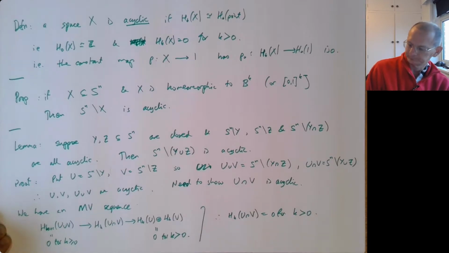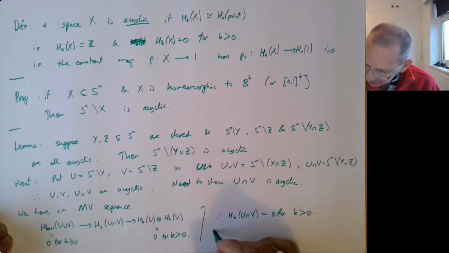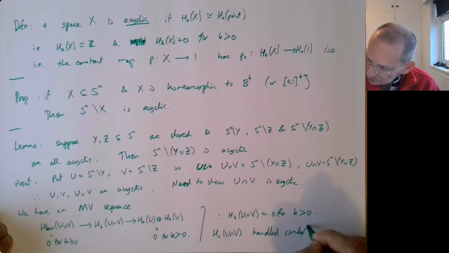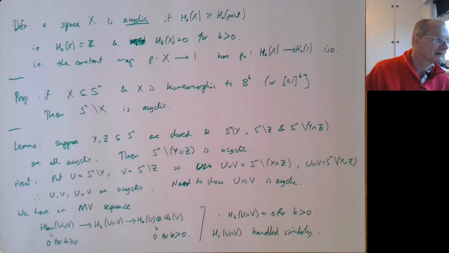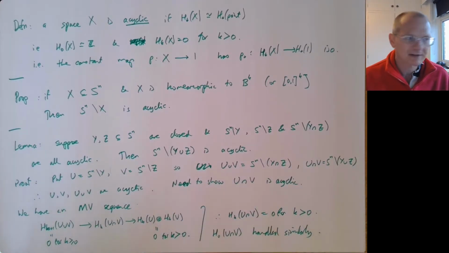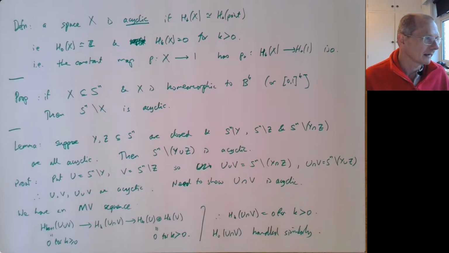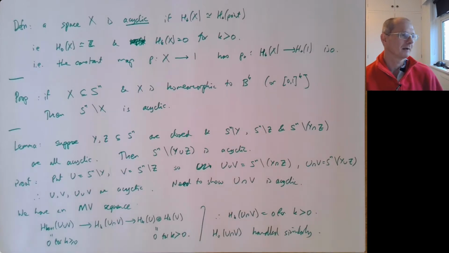I think I'm just going to leave the case of H_0(U intersect V) as an exercise. And of course, you do that just using the bottom end of the Mayer-Vietoris sequence.